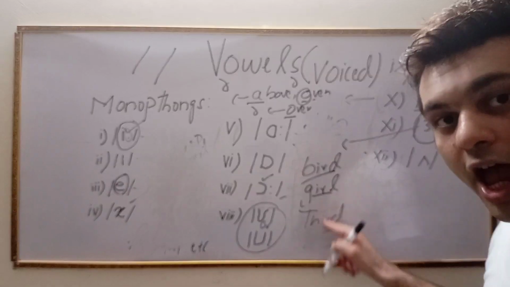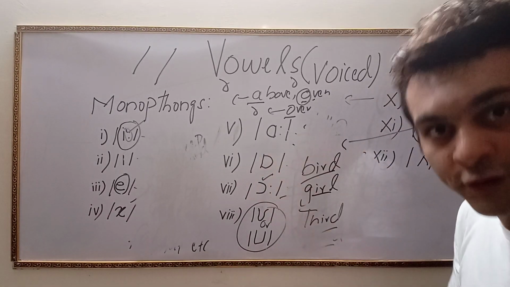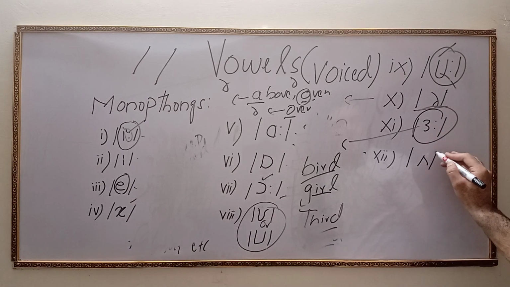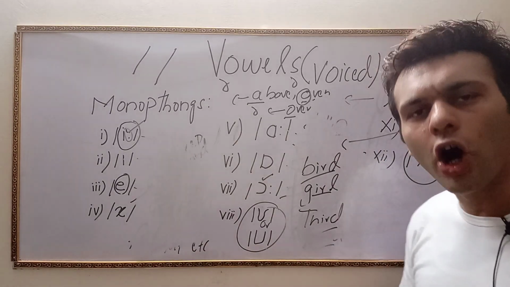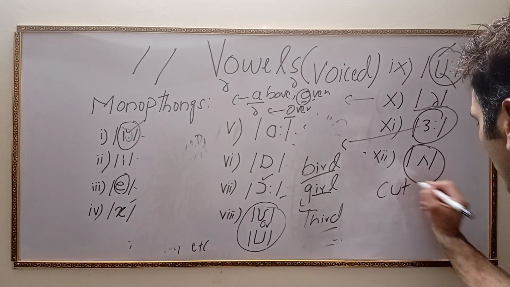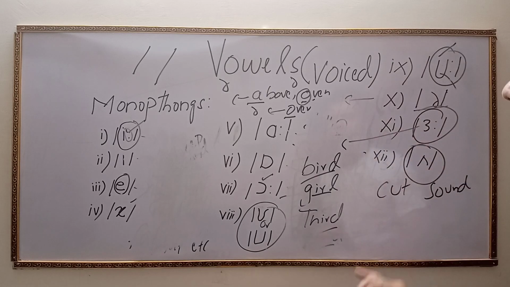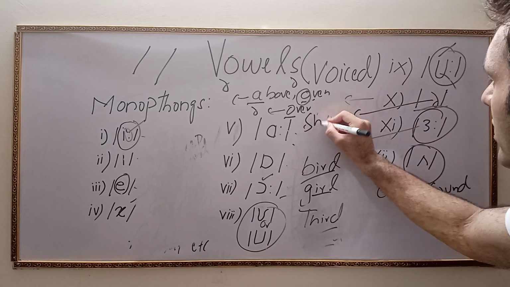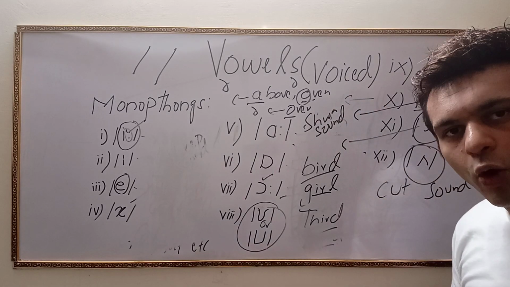So this is how you are going to understand these monophthongs. Let's come towards the last. It's again a very short vowel, and we call it cut sound. What sound? Cut sound. This one was schwa. Now, cut sound.